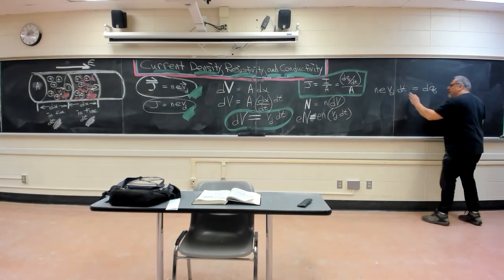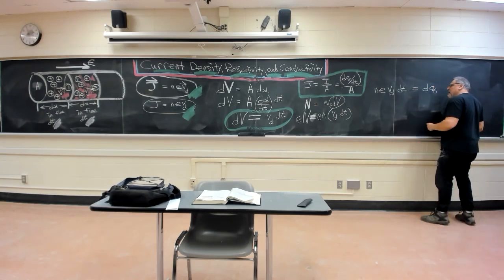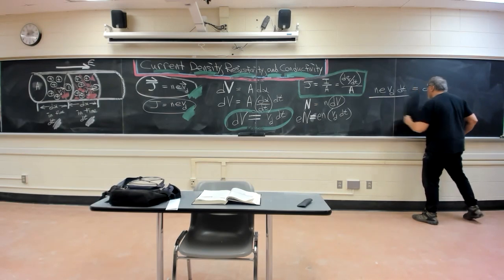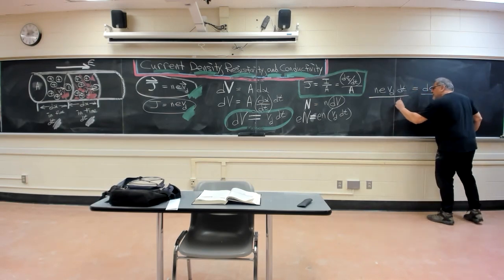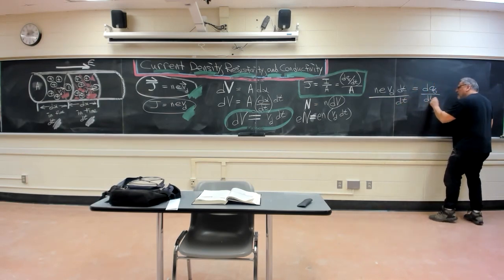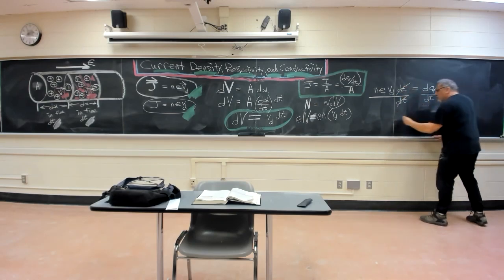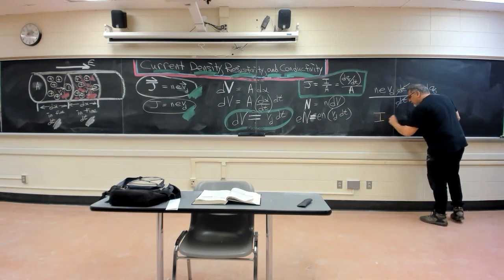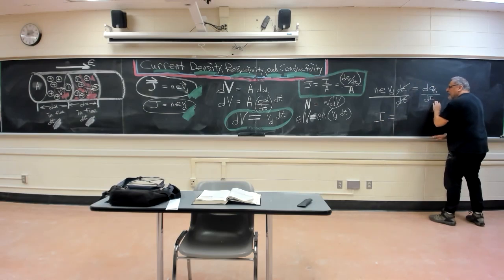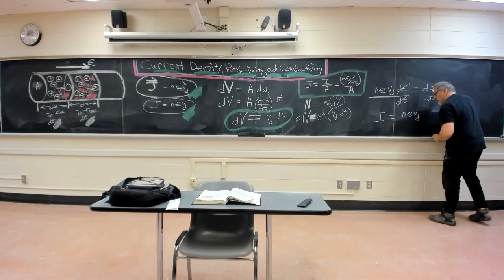If you divide by dt on each side, you've got I. You've got I equals n E V sub d.